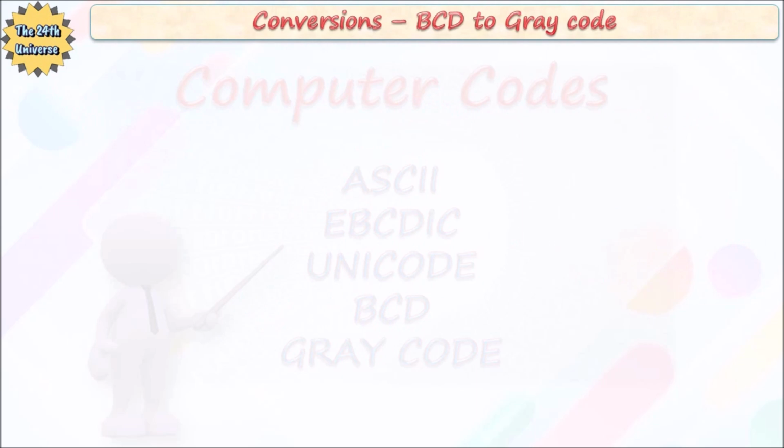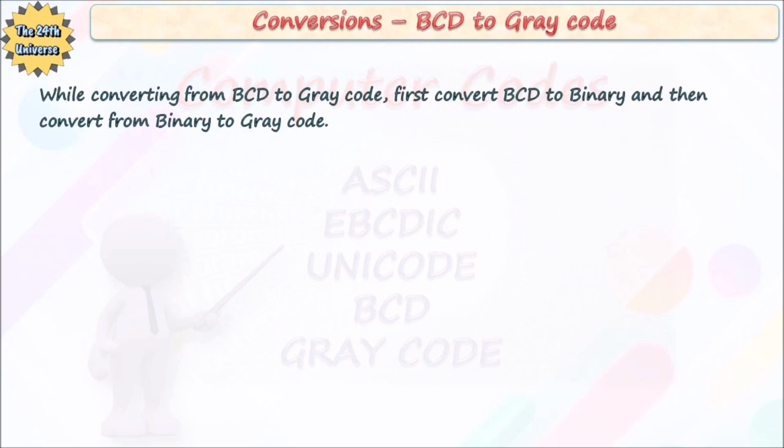BCD to gray code. While converting from BCD to gray code, first convert BCD to binary and then convert from binary to gray code. We have already discussed to and from binary some time ago, so let me explain it with an example. We have BCD code 01000010.